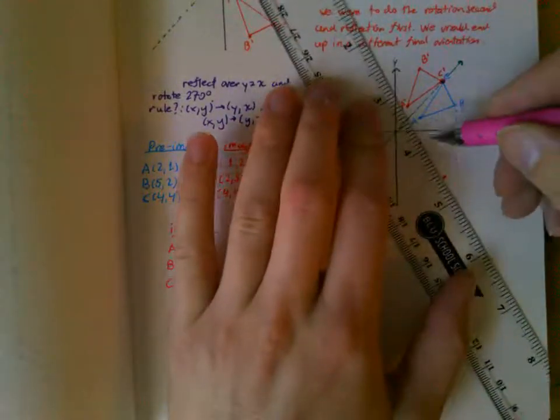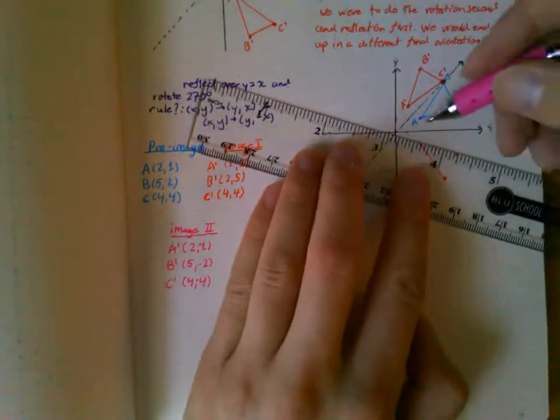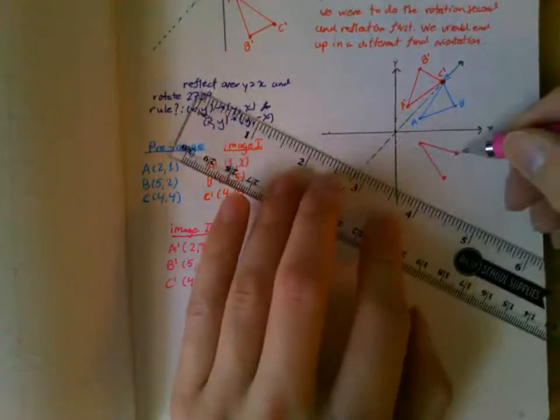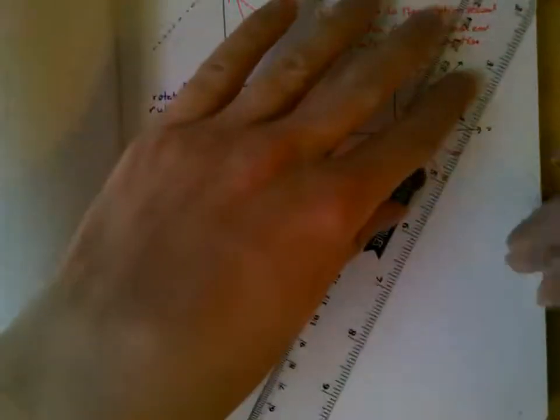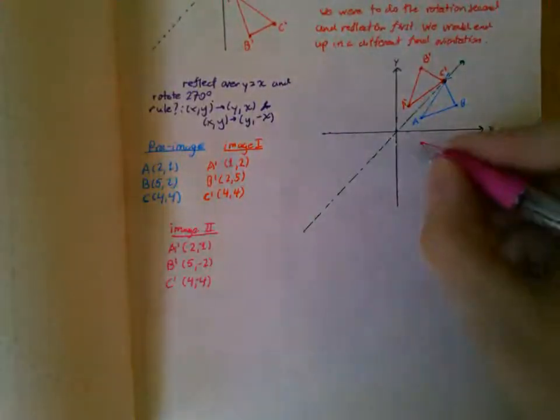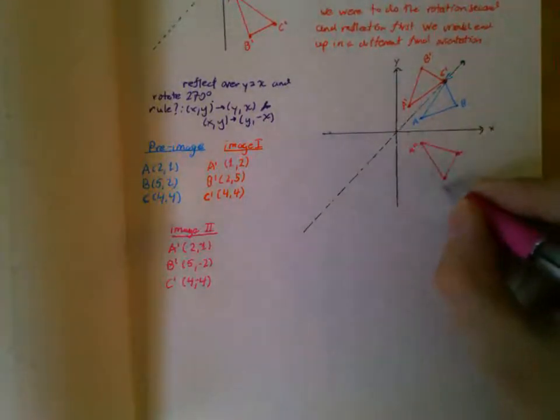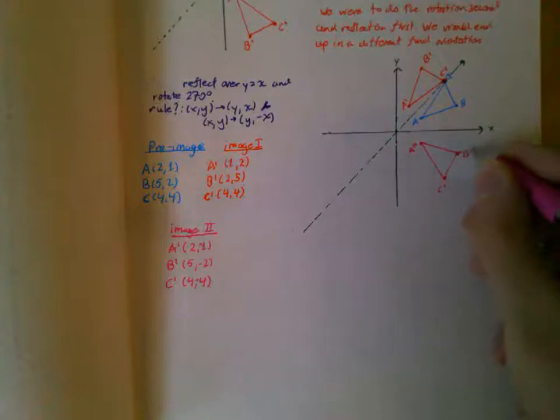Okay, there you go. And then if we connect all the points, so we've got A double prime, C double prime, and B double prime.